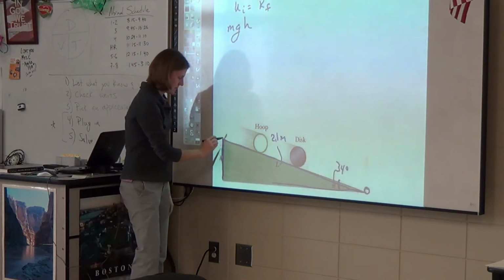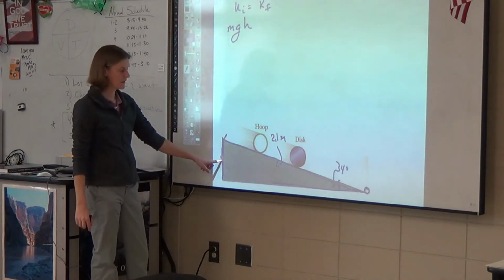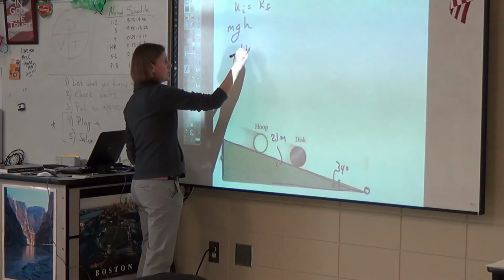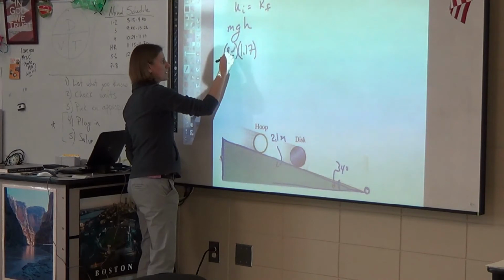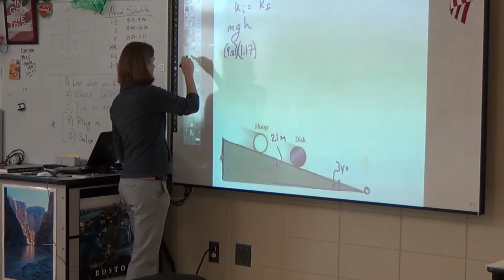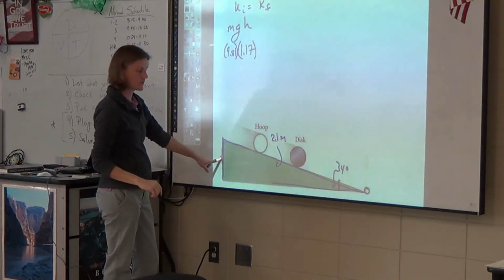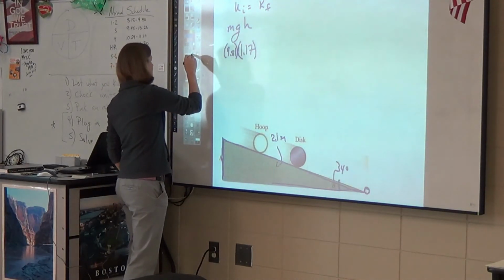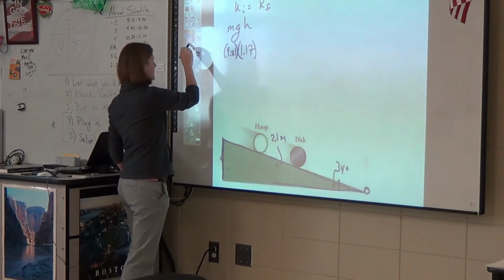So the opposite side is going to be, what is it, 1.17. Sine of 34 equals h over L. We should be in degrees. 1.17 sounded reasonable, is that right?